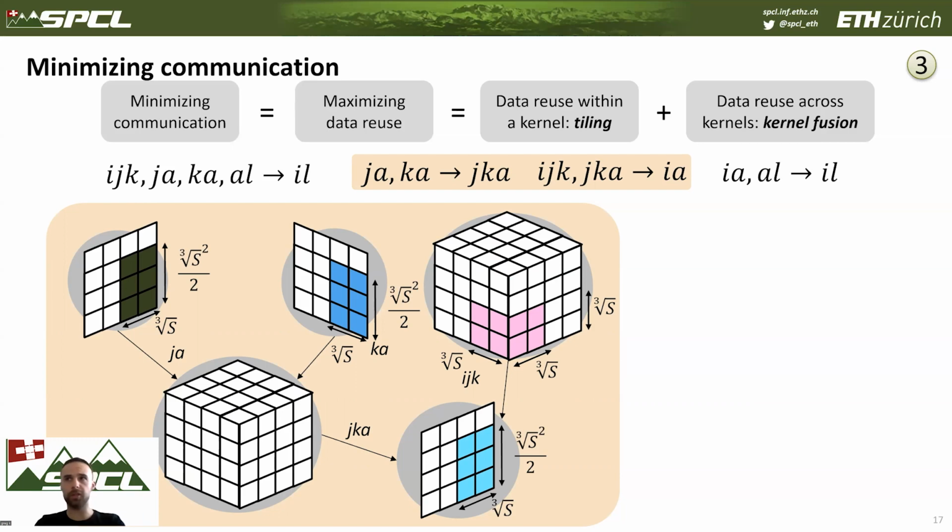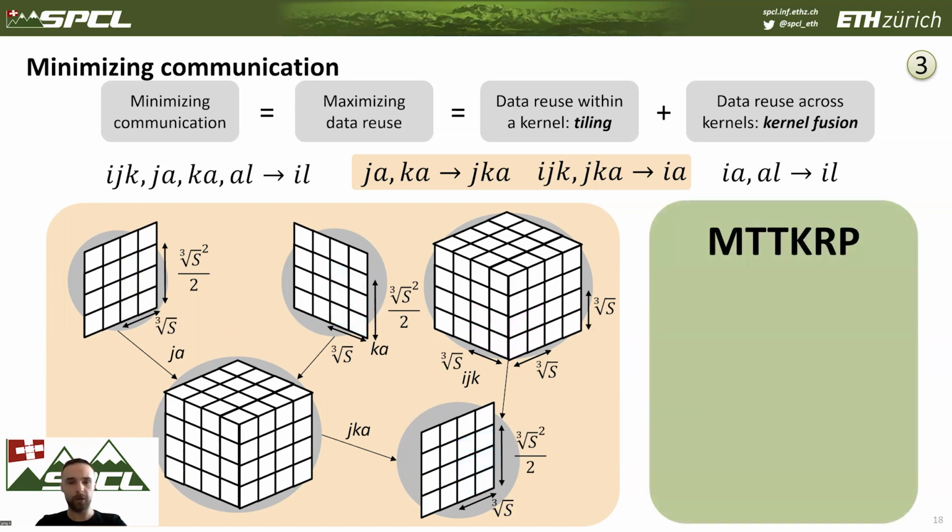And what we are seeing here is actually a MTTKRP contraction, a very important contraction used in many tensor decomposition routines as one of the performance critical steps in the decompositions.